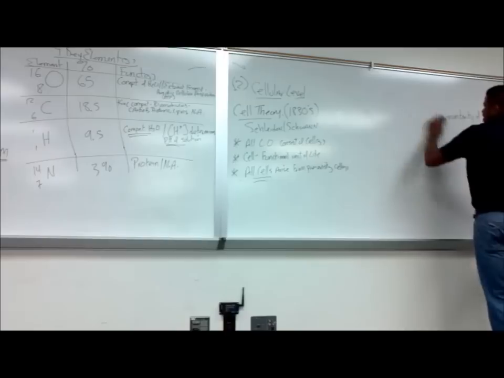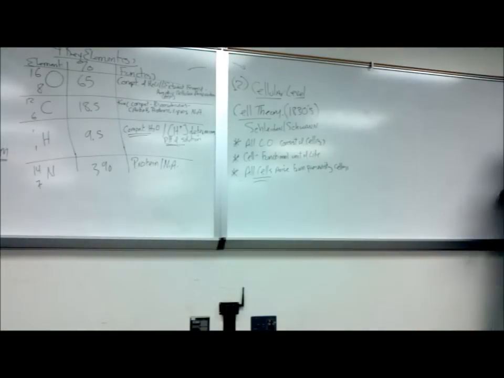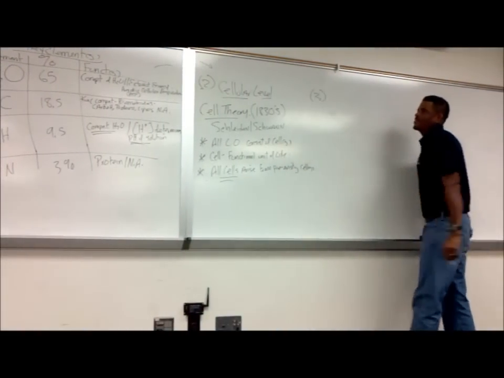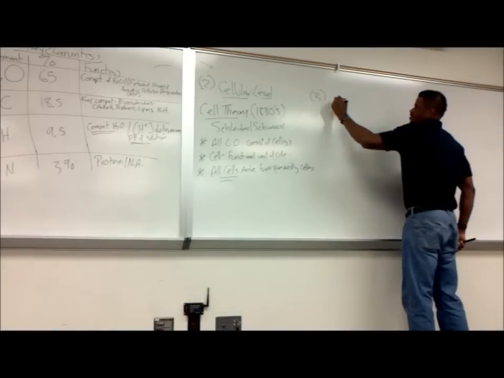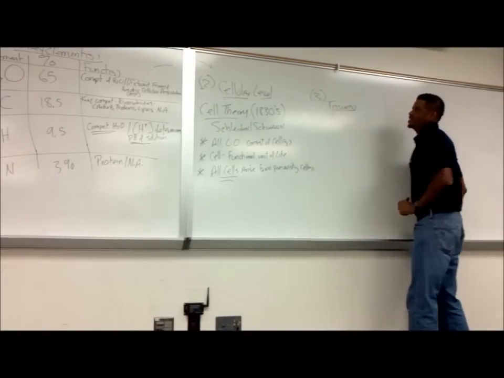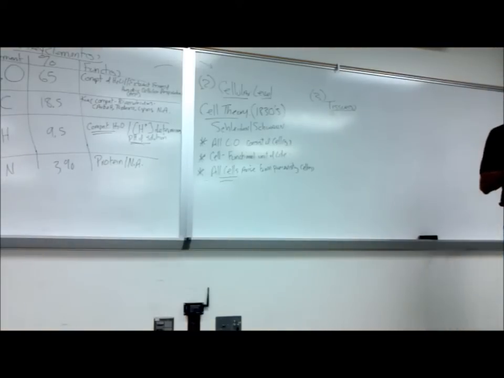Our cellular level will take us to the next level, which would be that of our what? Tissues. At the tissue level, how can we describe tissue? Histology is the study of tissues. But if you describe a tissue to your little brother or little sister, you say you got the cell, and you got the tissue.